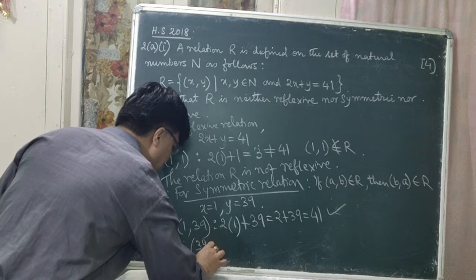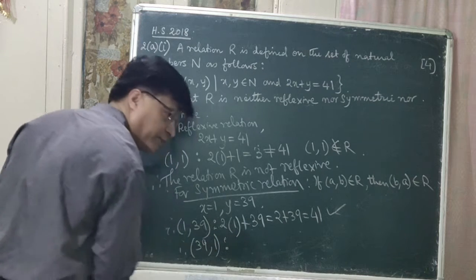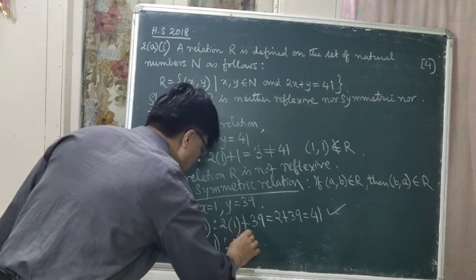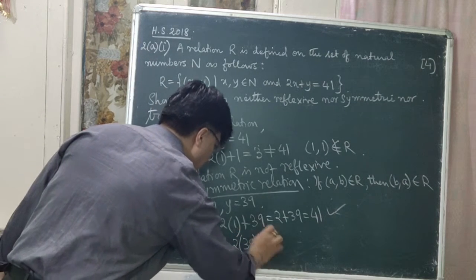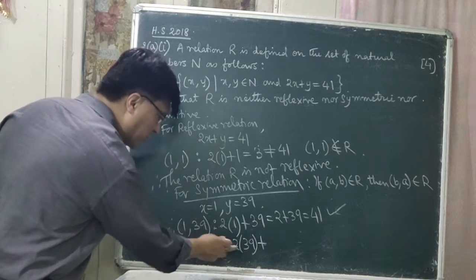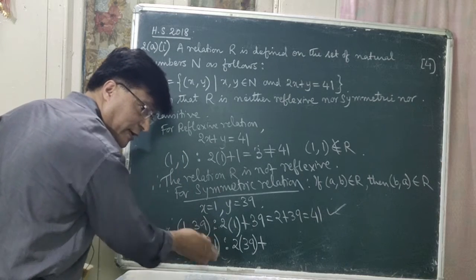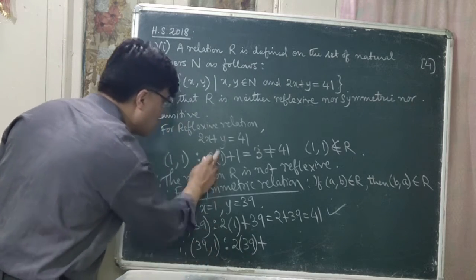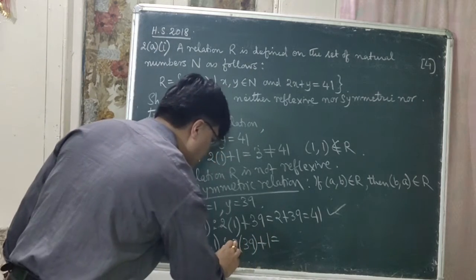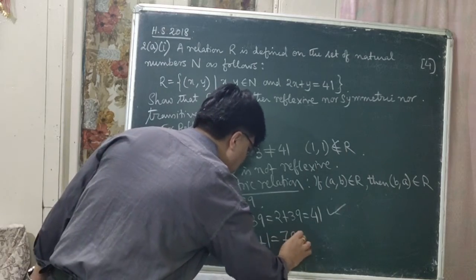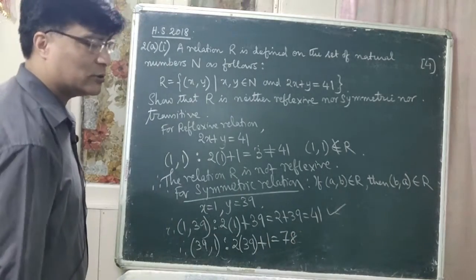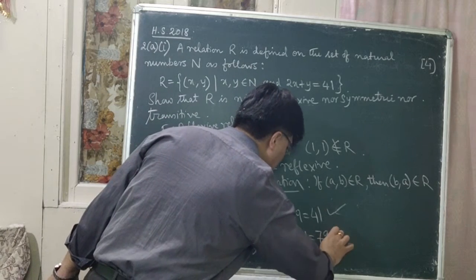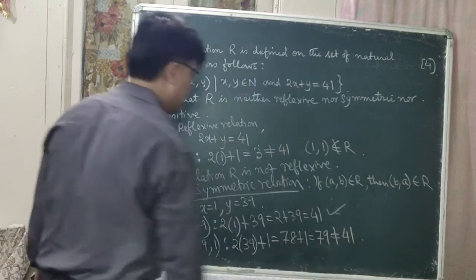Now in 39 comma 1, x is 39 and y is 1. 2 into 39 plus y, that is 1, which is 2 into 39 is 78, plus 1, 78 plus 1 is equal to 79, which is not equal to 41.